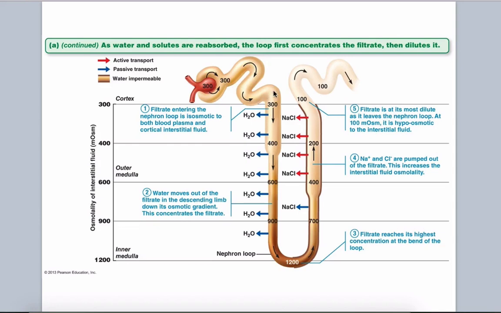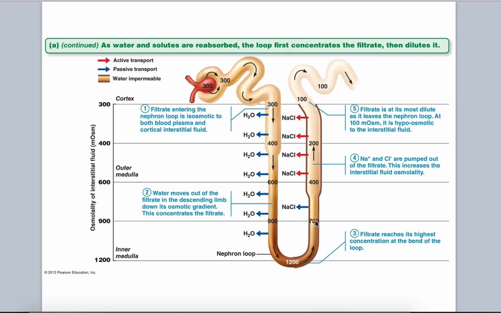It goes through the proximal convoluted tubule, and water starts leaving passively because there's a lot of sodium outside. The sodium is getting moved out, so water leaves. The filtrate goes from 300 to 400, 600, to 1200 down here at its deepest, in a juxtamedullary nephron.